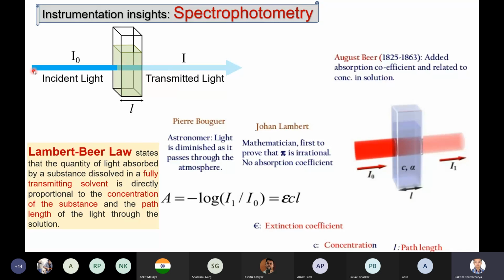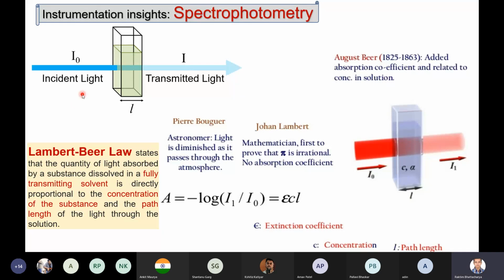So this is your incident light, and this is your solution within the cuvette. Now everything is known. Since you know the length and the height of the cuvette, you can get the volume of the cuvette as well as the volume of the solution. And this is your transmitted light.